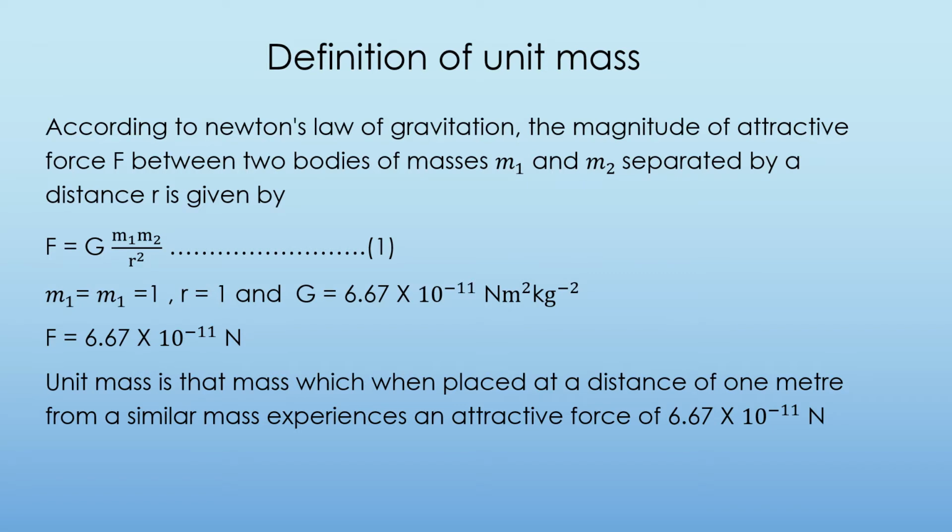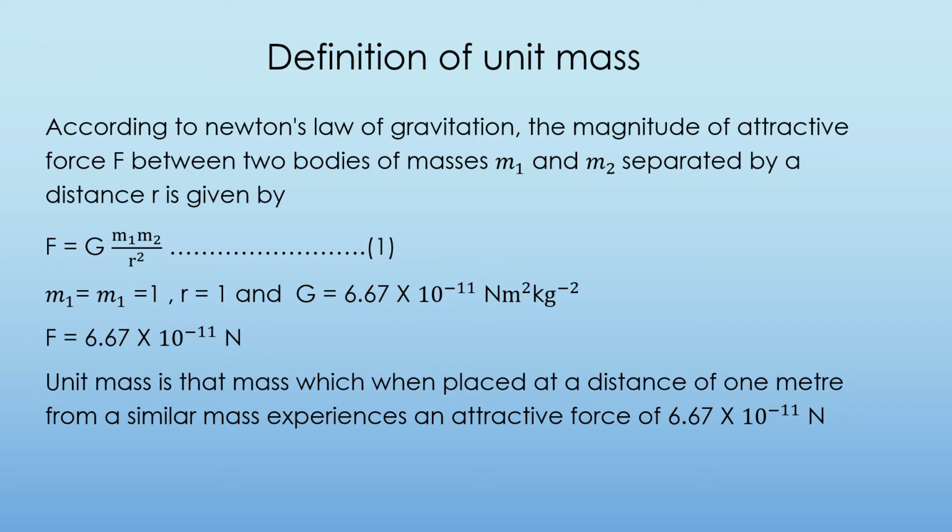Let's define the unit mass. According to Newton's law of gravitation, the magnitude of the attractive force F between two bodies of masses m1 and m2 separated by a distance r is given by, as we have learned previously, F is equal to G m1 m2 by r square.